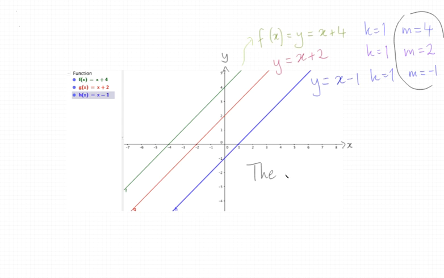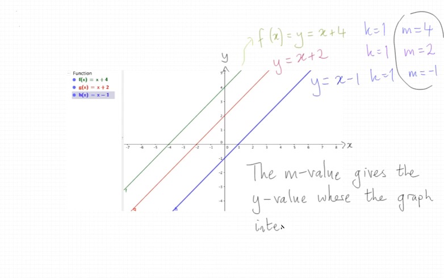So the m value gives the y value where the graph intersects the y-axis.